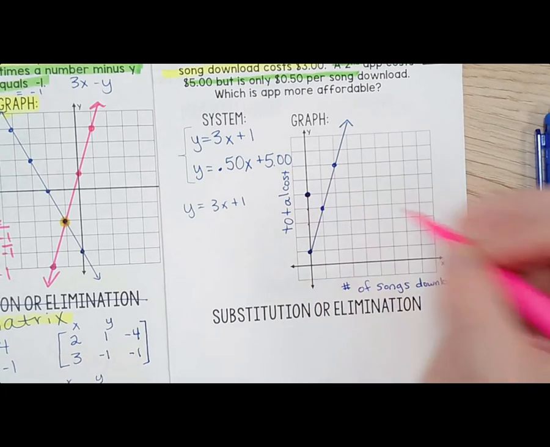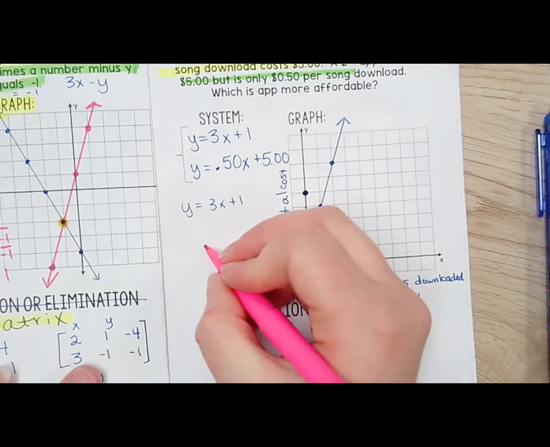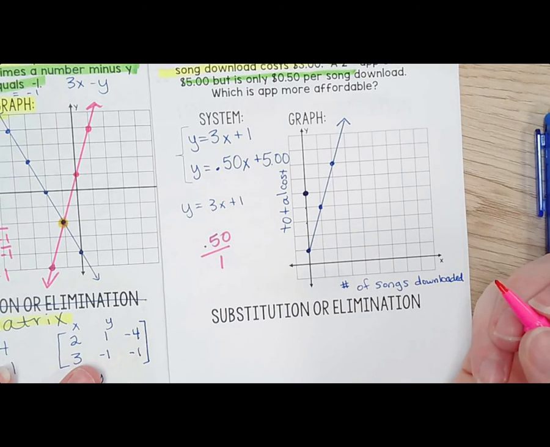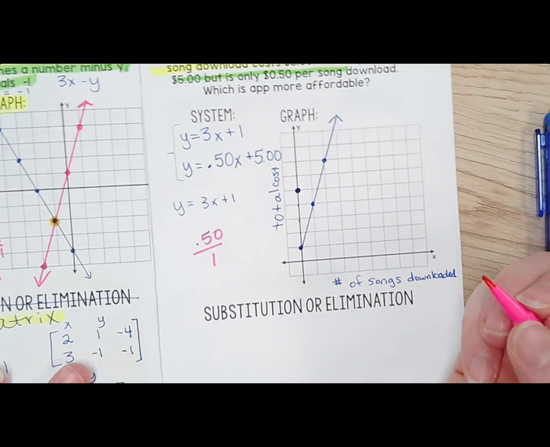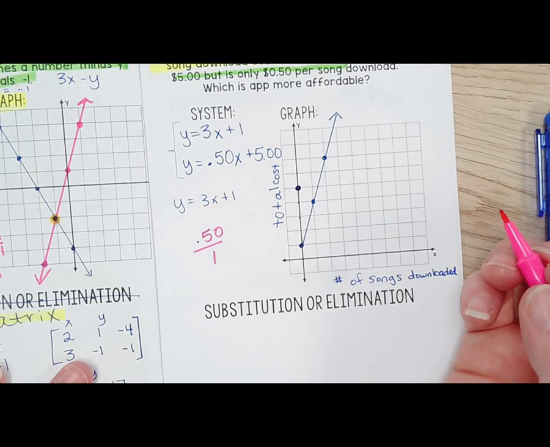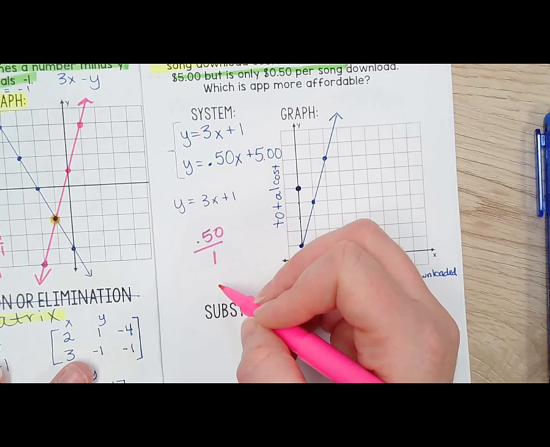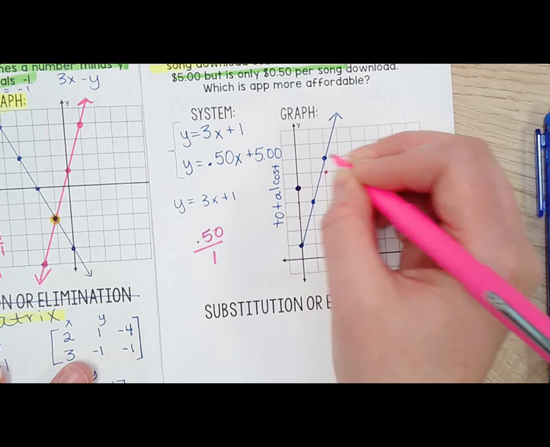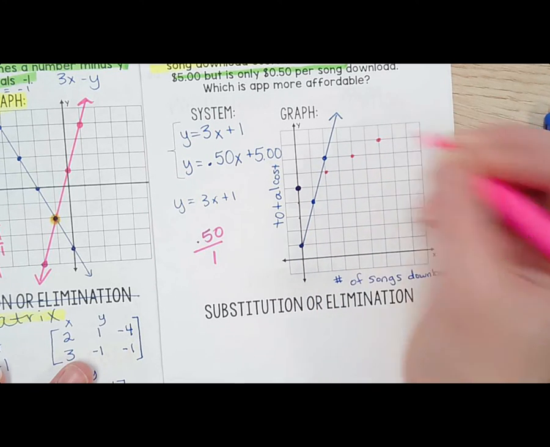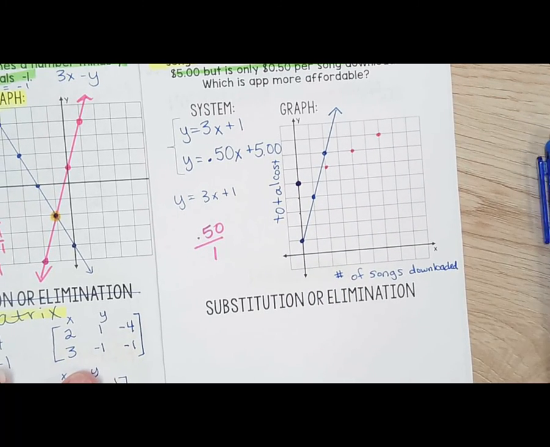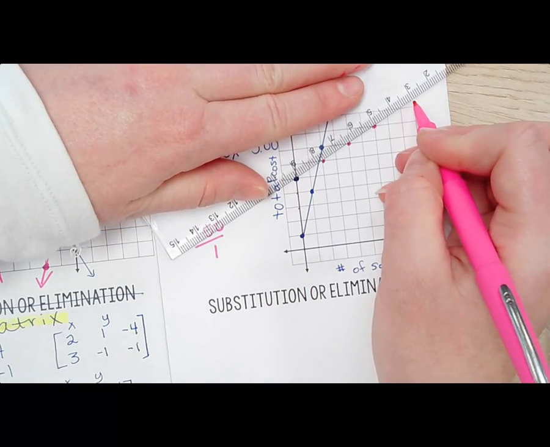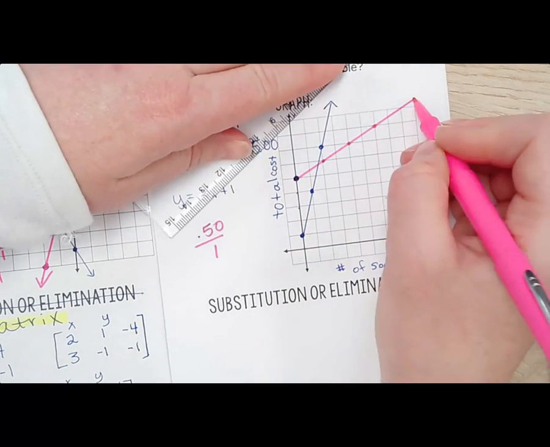And then your rate is 50 cents per one. If it's 50 cents per one, what's a rate that doesn't include a decimal? Up 1 over 2? Yeah. That's a better deal. So the one that rises slower is actually the better deal.